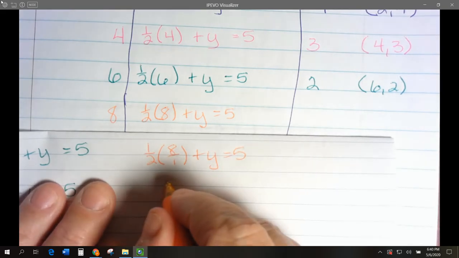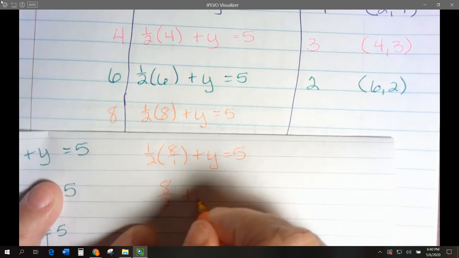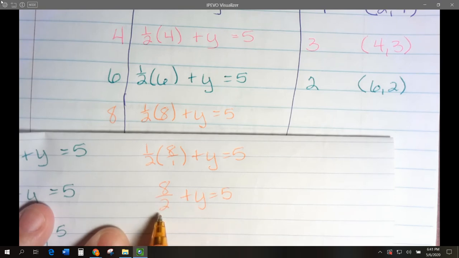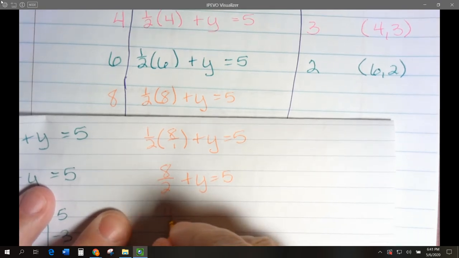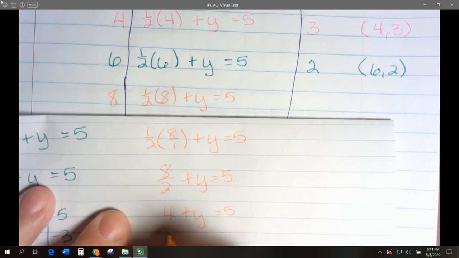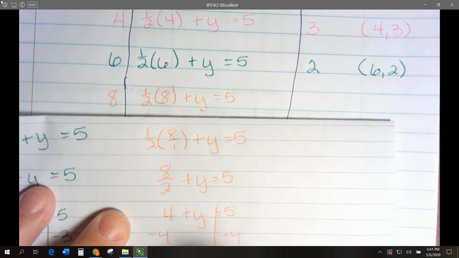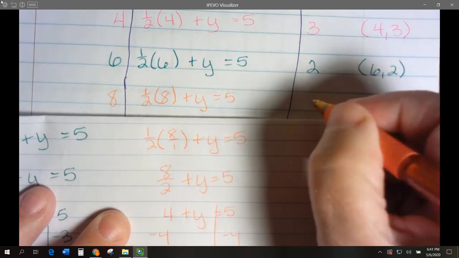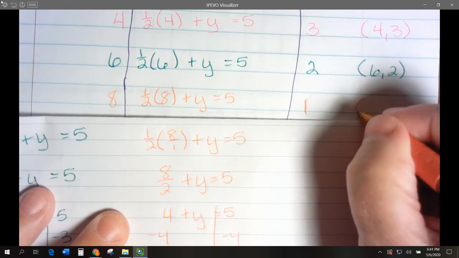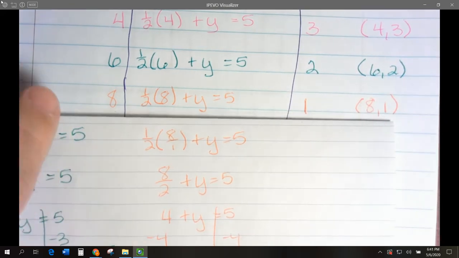This is going to be 8 over 2 when we multiply across, plus Y equals 5. 8 divided by 2 is 4. 4 plus Y equals 5. I'm going to subtract 4 from both sides. You get Y equals 1. When X is 8, Y will be 1, and we will have 8, 1 for our ordered pair.